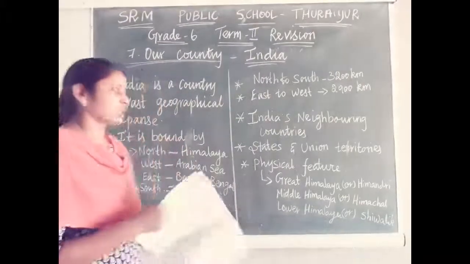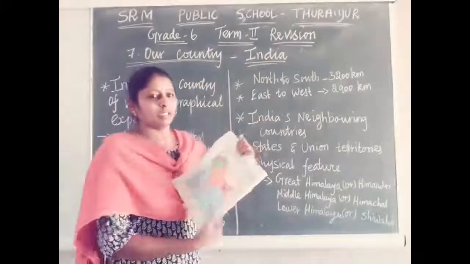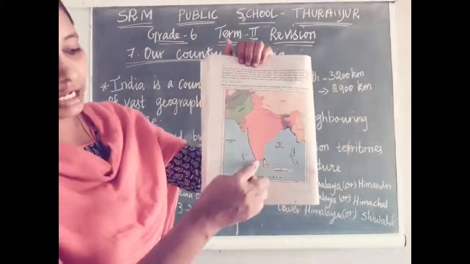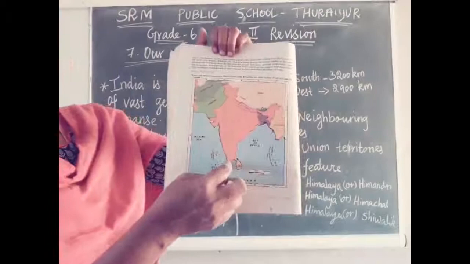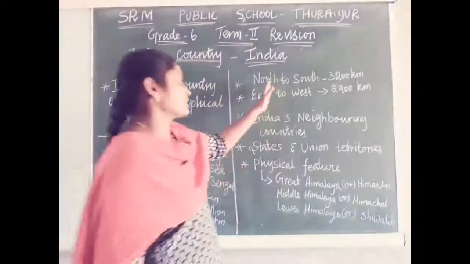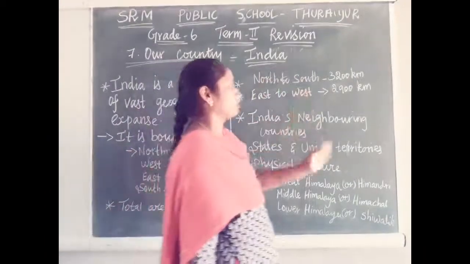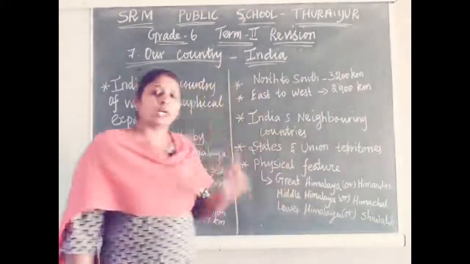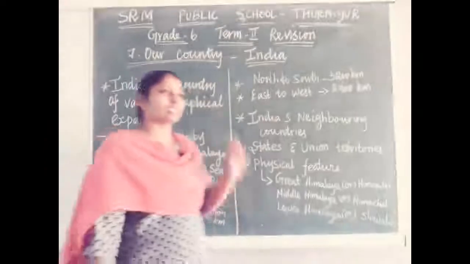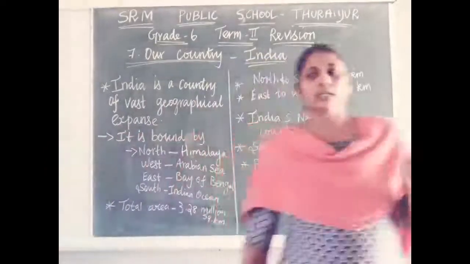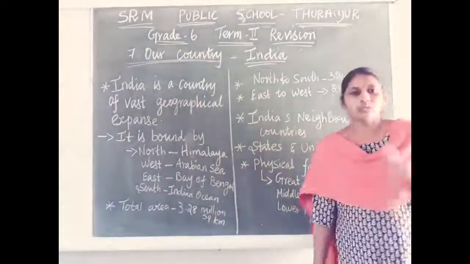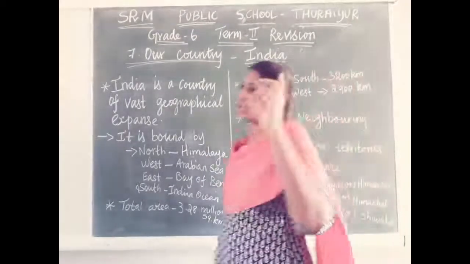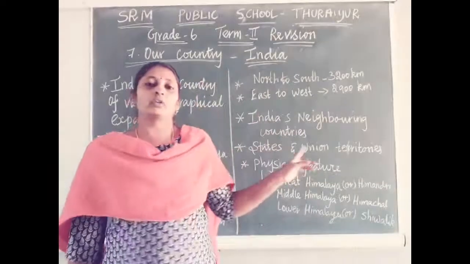A very large country. What is the distance from north to south, from Jammu and Kashmir to Kanyakumari? It is 3,200 kilometers. Similarly, what is the distance from Arunachal Pradesh, where the state starts here, to Gujarat?